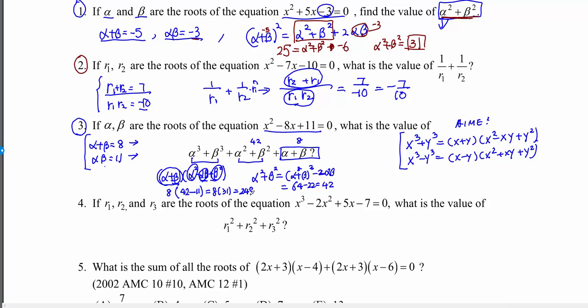So this number is 248. So 248 plus 42 plus 50. This is 50 and another 248, 298. That's the answer. This is from AMC, number 1 or 2, I don't remember. It may be 1, I think.